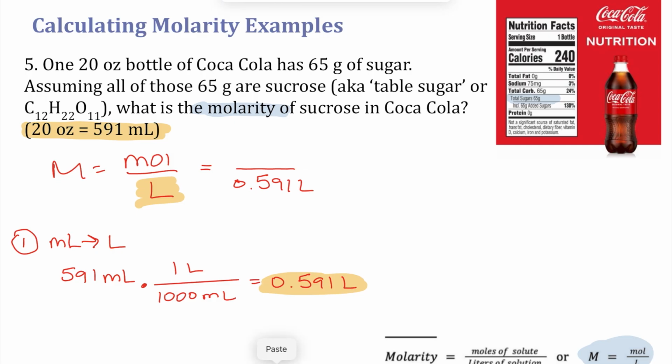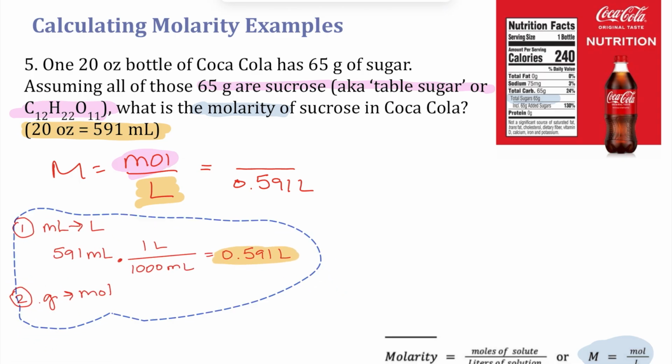Now I need to find moles. Well, what information do I have? I know that I have 65 grams of sucrose and I have that molar mass of sucrose. I need to go from my grams to moles for sugar. So let's use the information that we have.